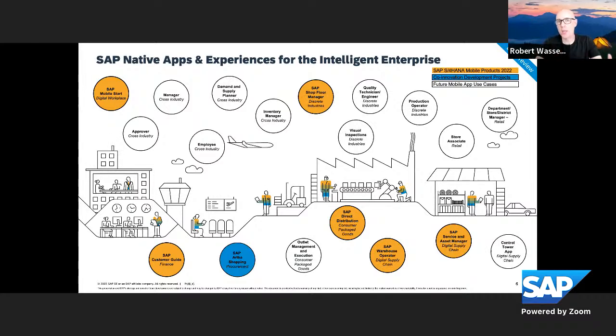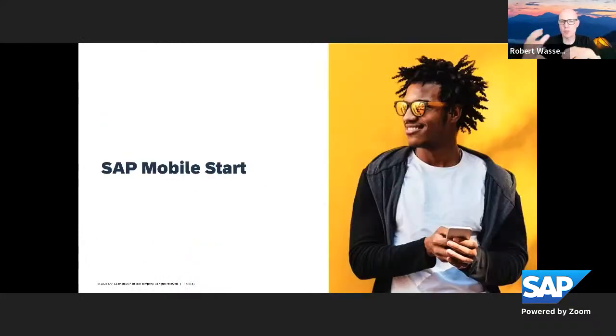I didn't mention one application which is listed here as an application which we already brought to the market, and that is on the upper left-hand side, SAP Mobile Start, which we will look at more closely now. SAP Mobile Start is an application which we brought to the market end of August last year.